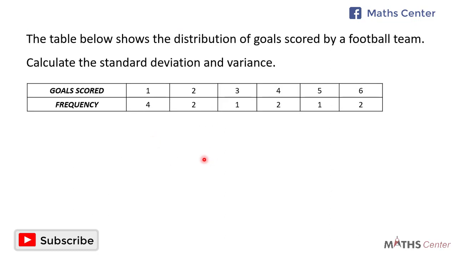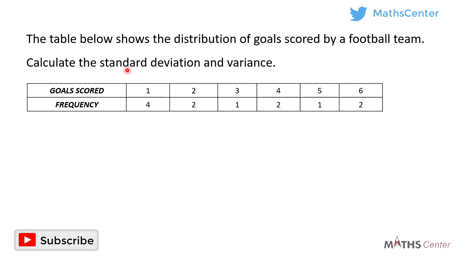Let's consider this question. The table below shows the distribution of goals scored by a football team. Calculate the standard deviation and variance. So in the table, we have the goals scored and their corresponding frequencies. We are going to calculate the standard deviation and variance.